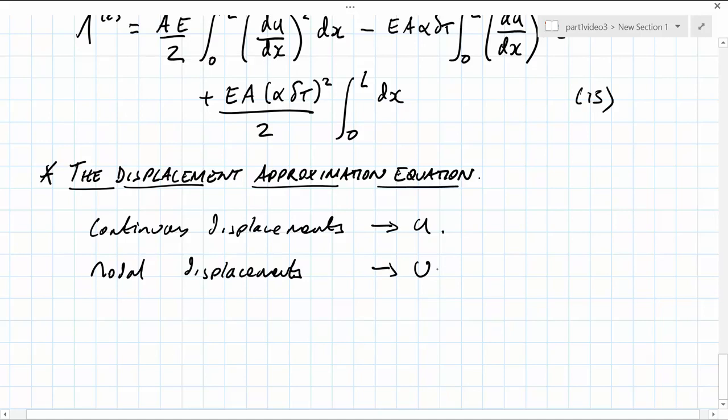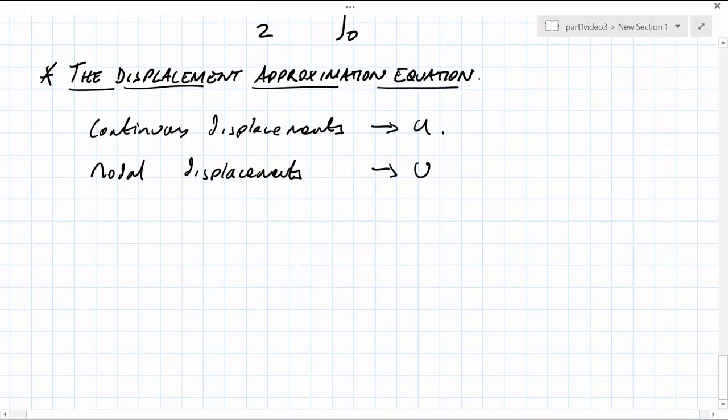To do this, we revisit the displacement approximation equation that we derived in the previous video.